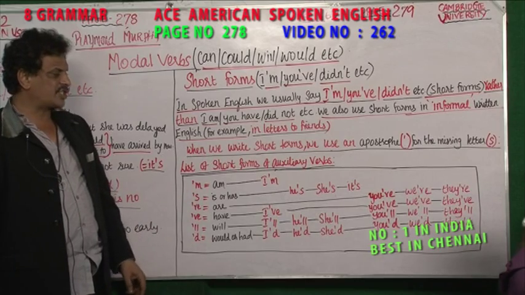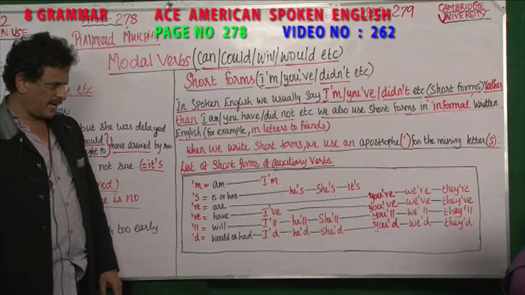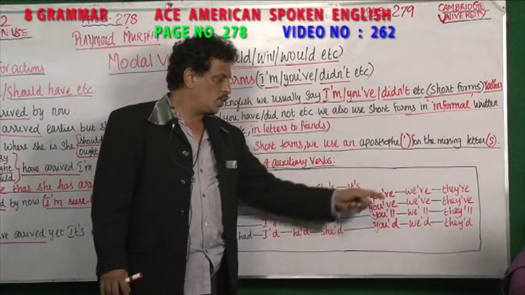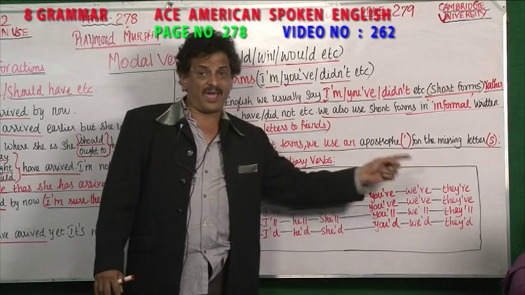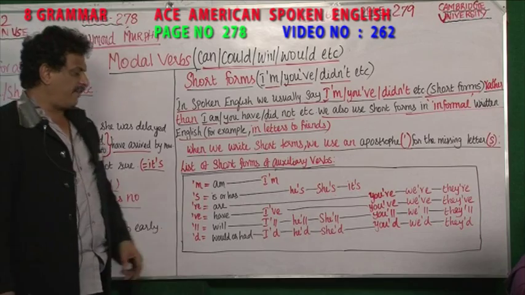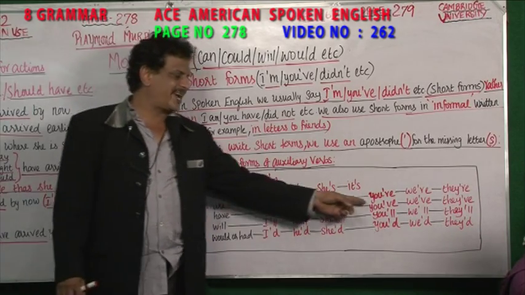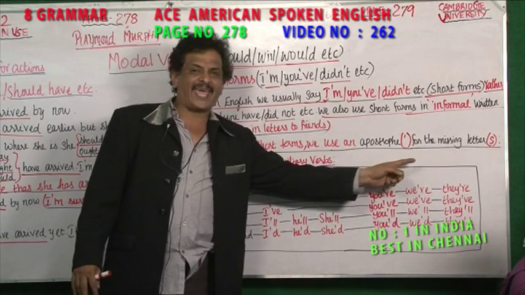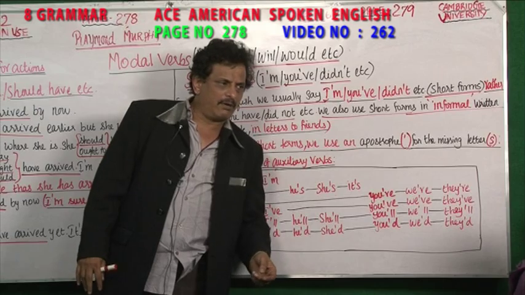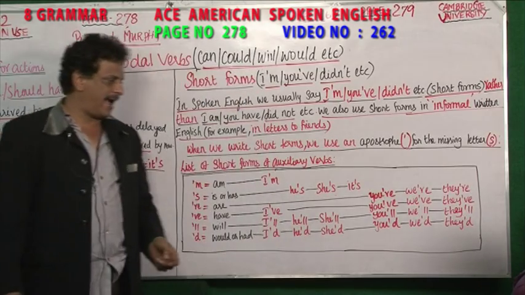What does apostrophe R mean, sir? Are. A-R-E, are, just the R sound: you're, we're, they're. What does apostrophe VE mean? Have: you've, we've, they've, Rama and Ravi have, Indians have.